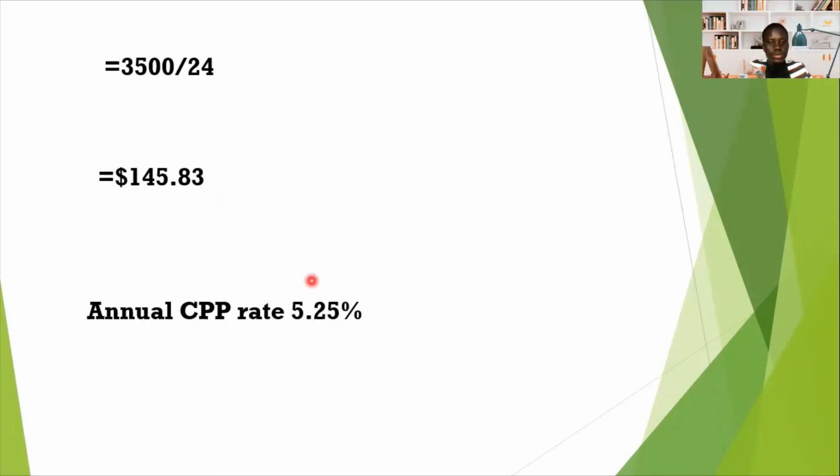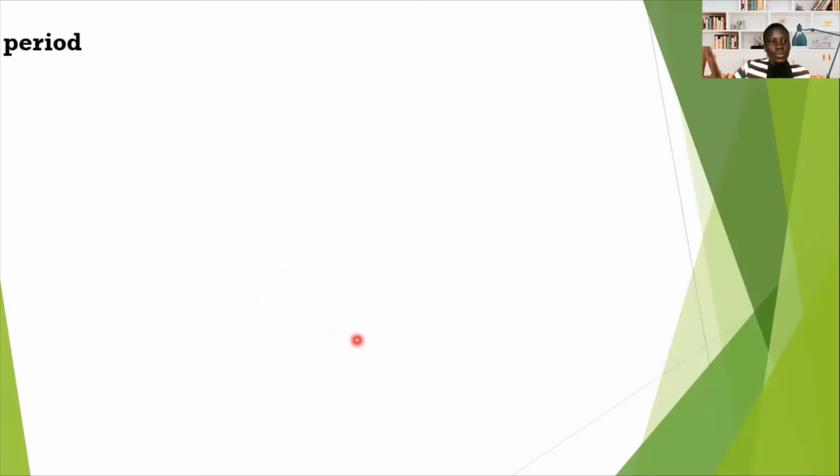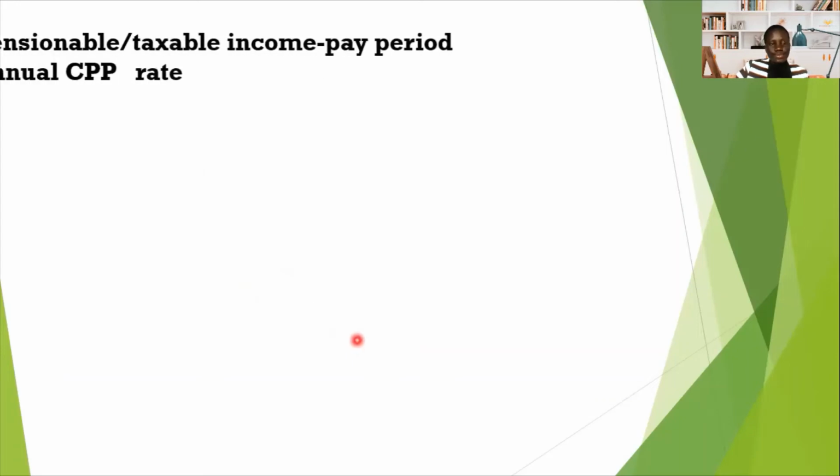This is where the confusion can come in: you can use the wrong rate and get wrong answers. So now, the CPP rate is 5.25%.